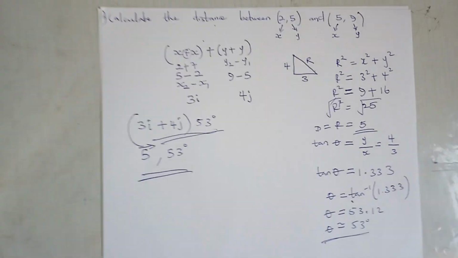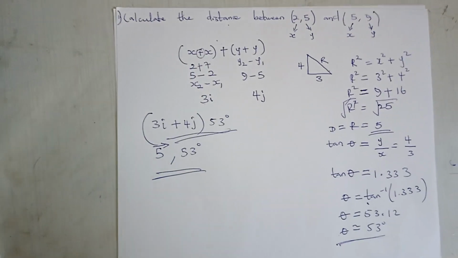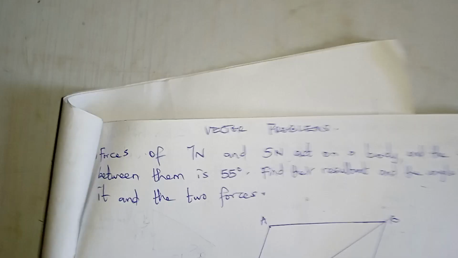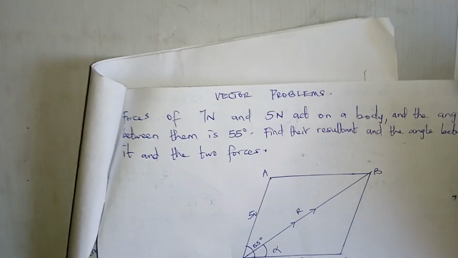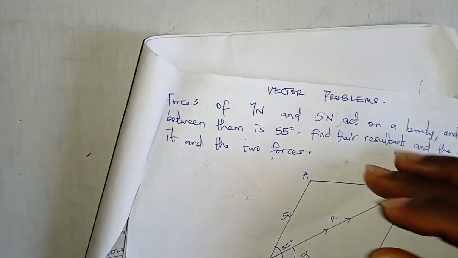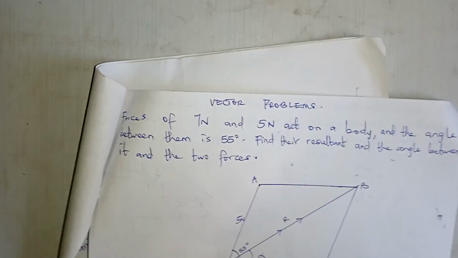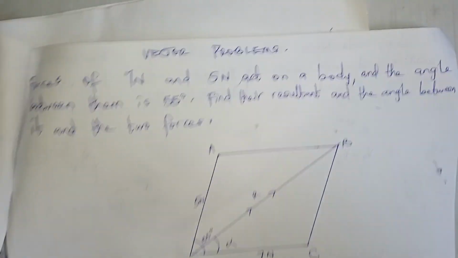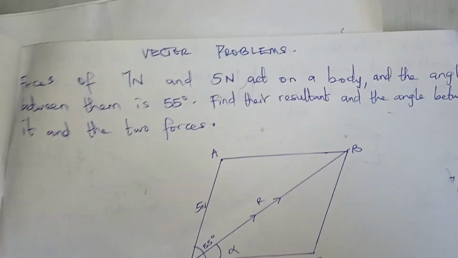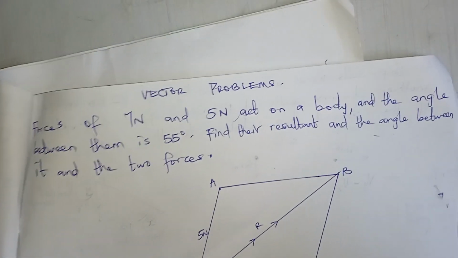So let's move to the second question. The second question is this. Two forces of 7 Newton and 5 Newton act on a body, and the angle between them is 55 degrees.